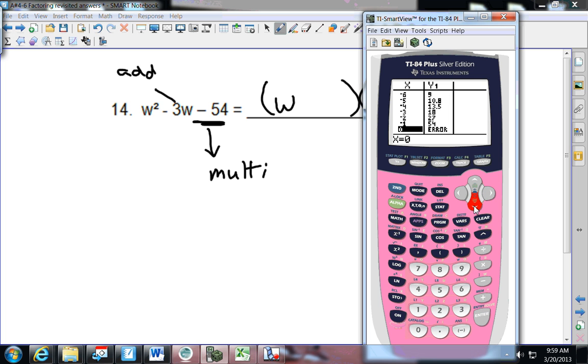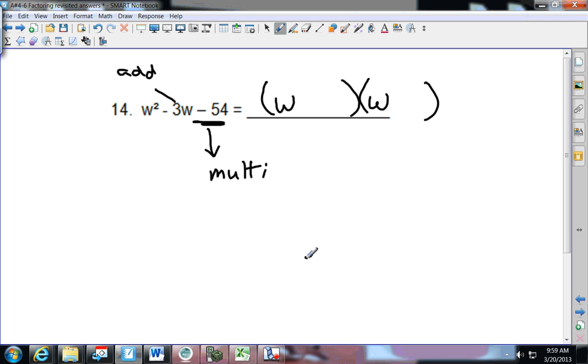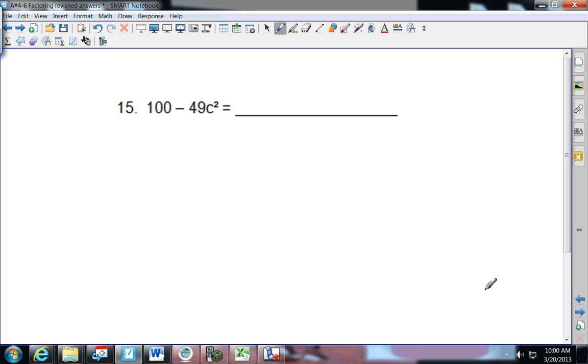So it just means that I need the opposite. Some of you guys already get that. Oh, I just passed it. 6 and negative 9. If I add those together, it gives me negative 3. So I have plus 6 minus 9. And I can put those right in there as long as it's only x squared or w squared, and it doesn't have like 2x or 3x.